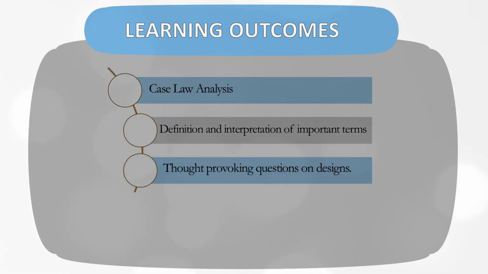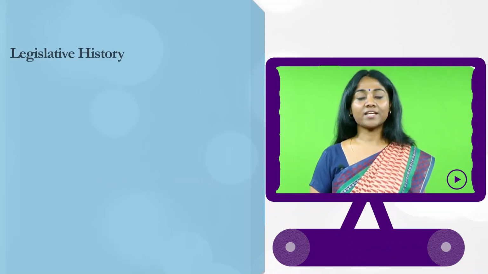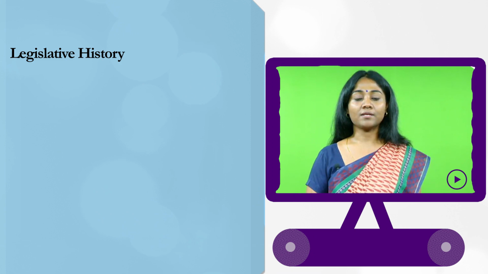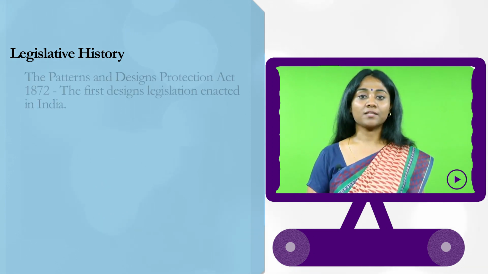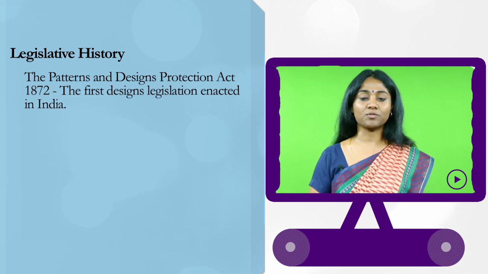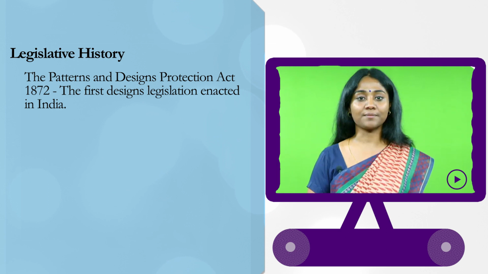So let's begin. The legislative history of Indian design law goes all the way back to 1872. The Patents and Designs Protection Act of 1872 was the first design legislation enacted in India.